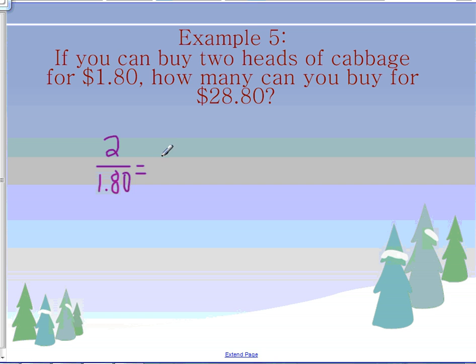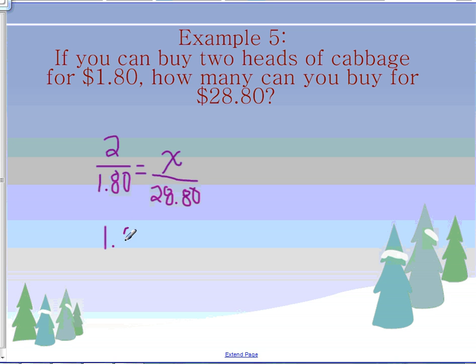And they want to know how many heads of cabbage I can get for $28.80. Now what I want you to notice is how I kept the units the same on both the top of my ratios and on bottom. So I kept my heads of cabbage on the top, and I left my money on the bottom. This is very important. You want to make sure you're consistent.